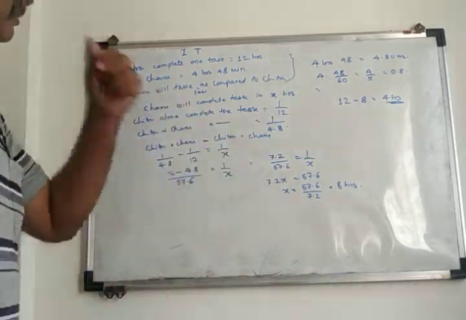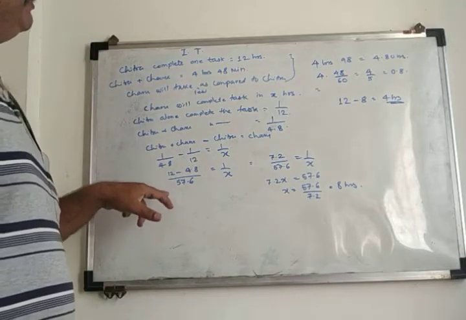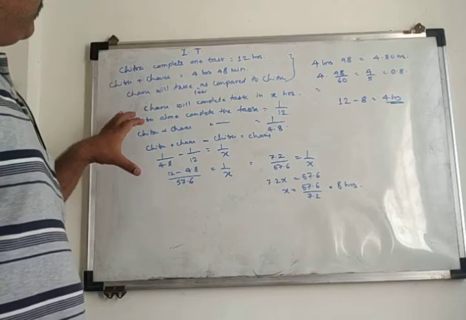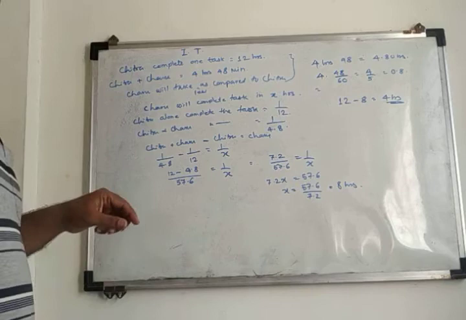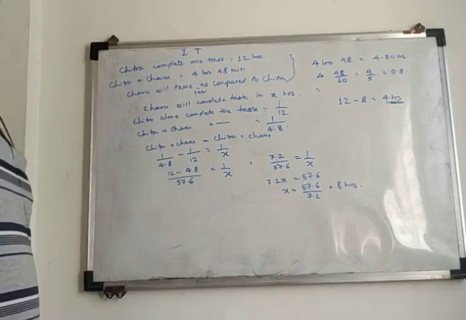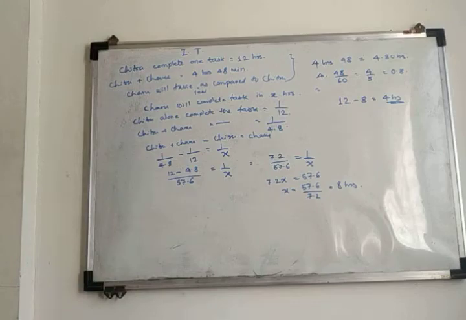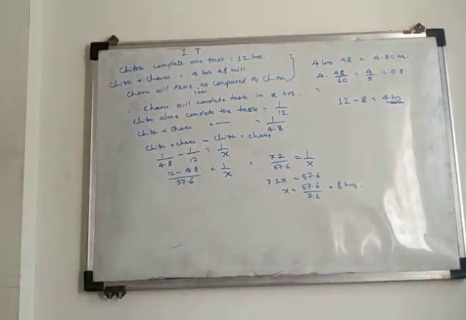You need to go and see these calculations. I made this rough note in my notebook, but I think these explanations will clear your ideas. Take a screenshot, then we'll go to the last question which was given in the question paper.